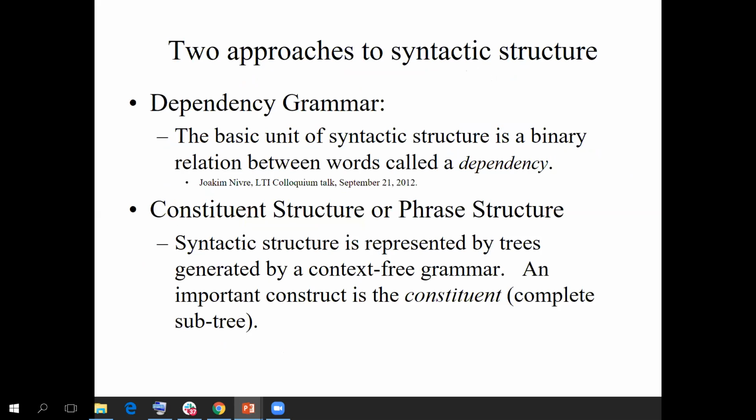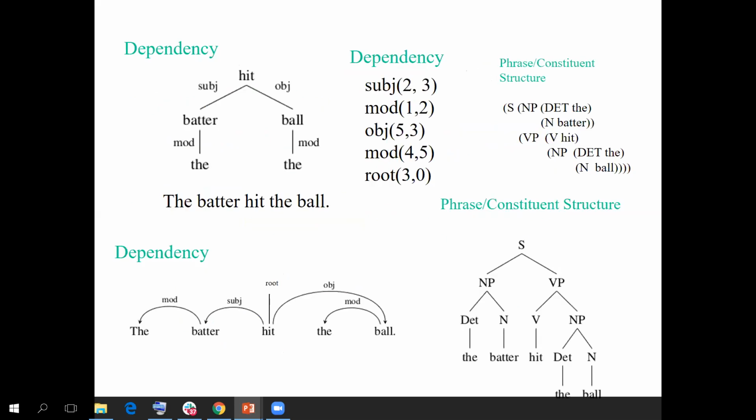And what we saw before was the two approaches to syntactic structure. In dependency grammar, the basic unit of syntactic structure is a binary relation between words called a dependency. So for example, the relation between batter and hit. Batter is the dependent, hit is the head, and they're in a dependency relation that is labeled subject.